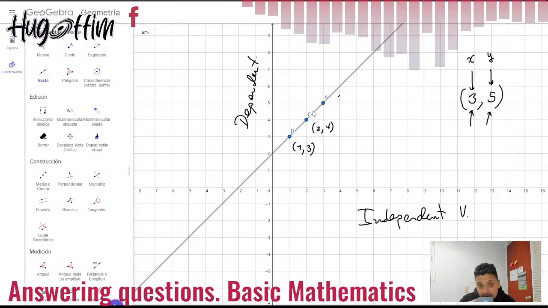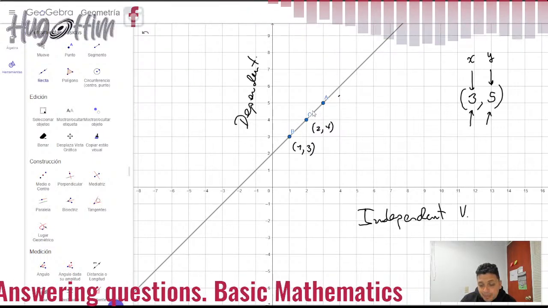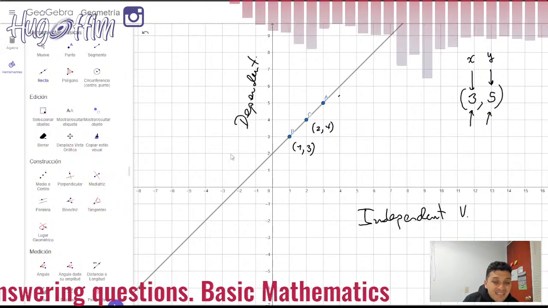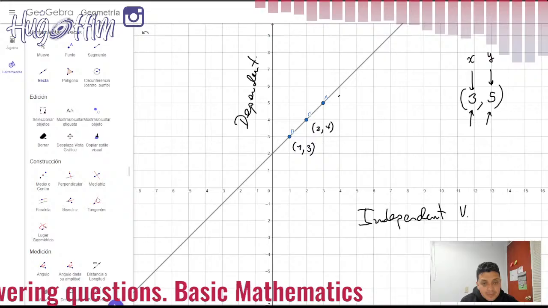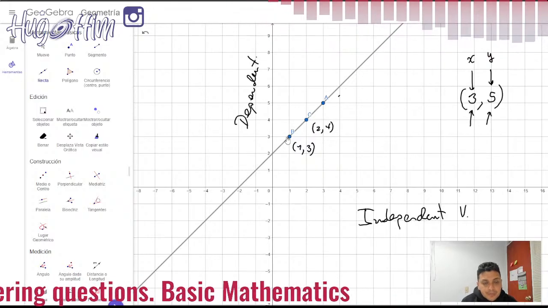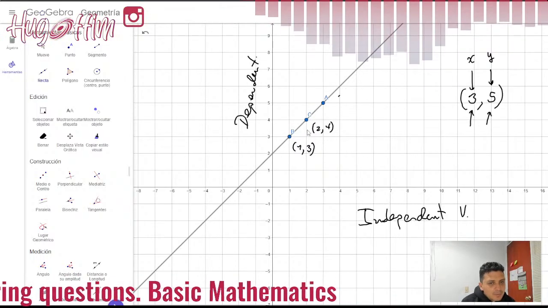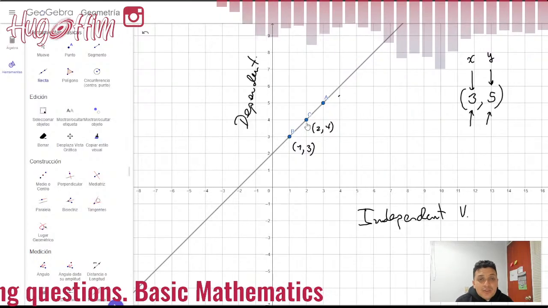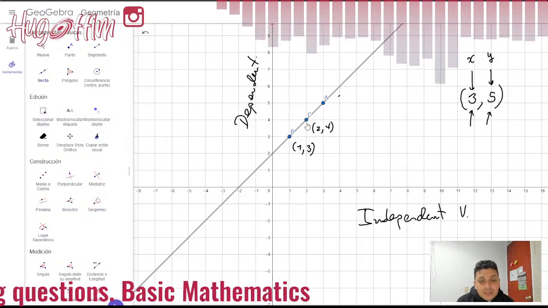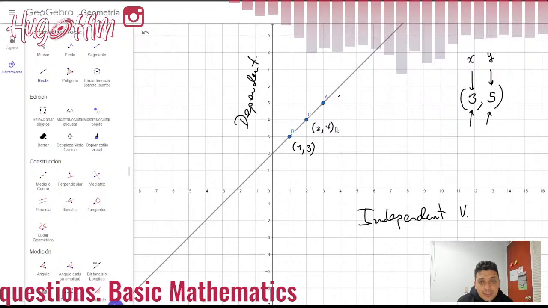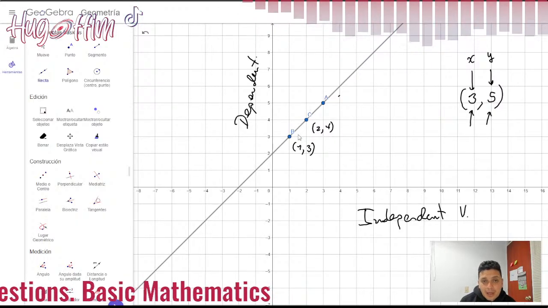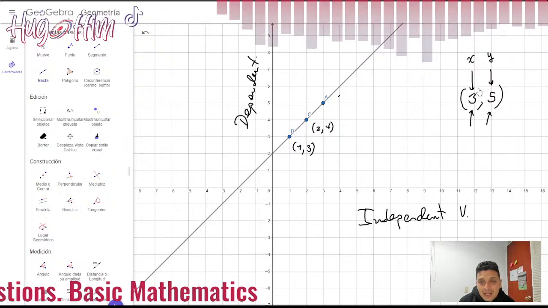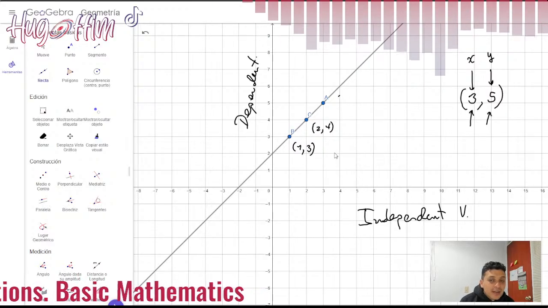And the question itself is, how can I know the criteria to understand whether this relation 1, 3, 2, 4, 3, 5 follows a direct variation or not? I mean, if x and y in this case are directly proportional.